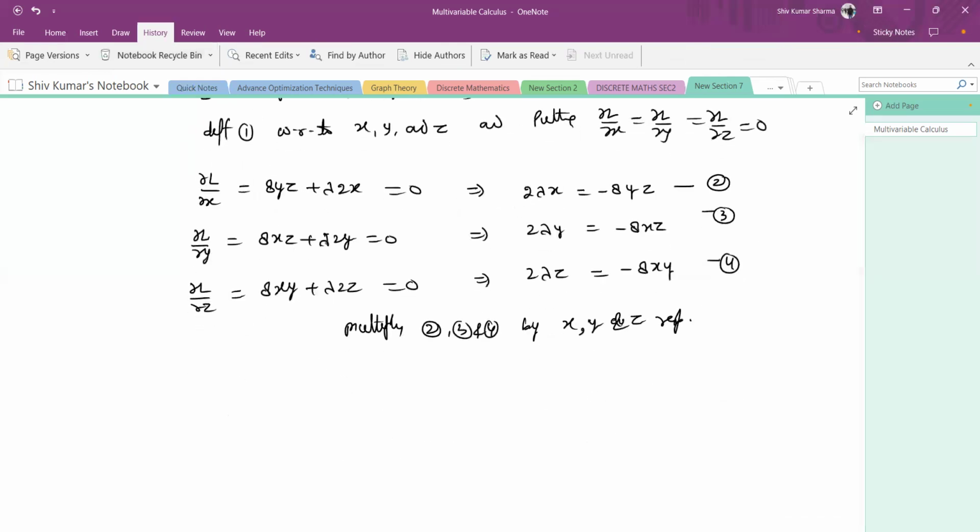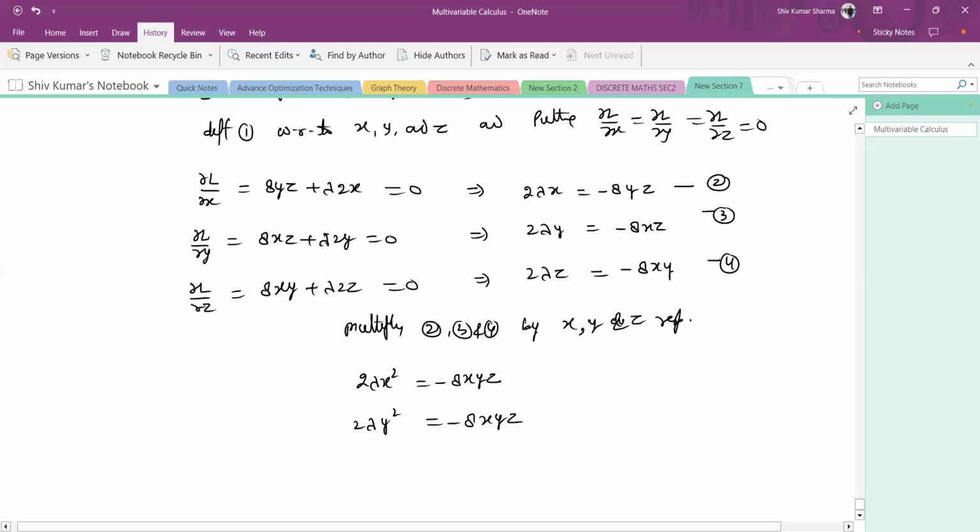When we multiply equation 2 by x, this gives us 2 lambda x square equal to minus 8xyz. Second equation, 2 lambda y square is equal to minus 8xyz. Third equation, 2 lambda z square is equal to minus 8xyz. From these three equations, you can see that all the LHS parts are equal to the RHS, that is minus 8xyz.